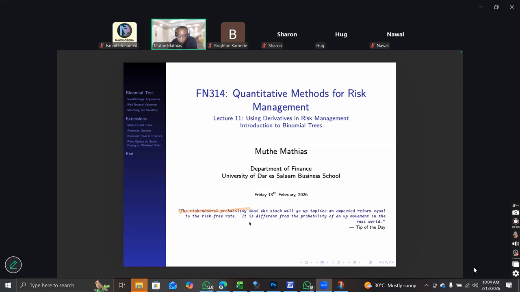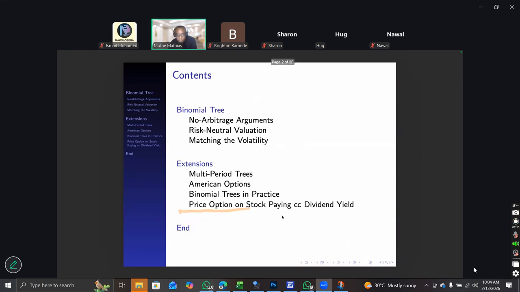So let us move on. We have two main parts here. Of course, we're going to see the binomial tree and how we can estimate the prices of options. If you remember from week number 8, we have been assuming the prices of derivatives were given.